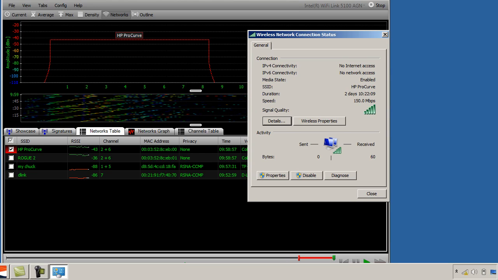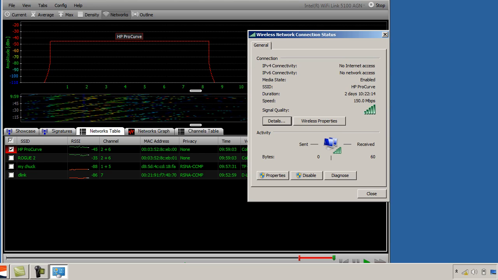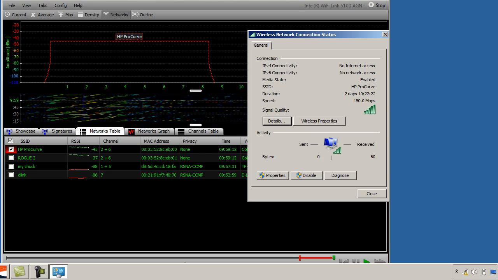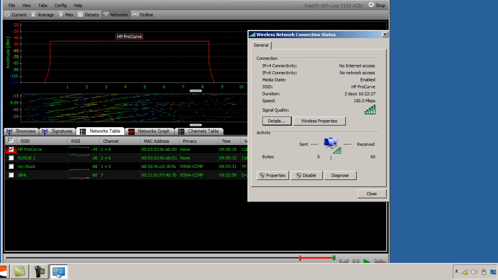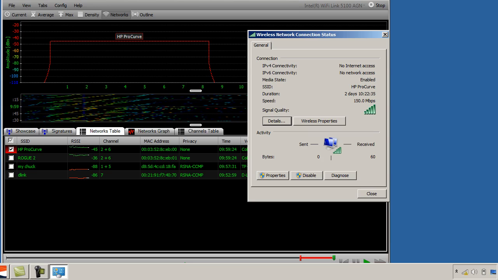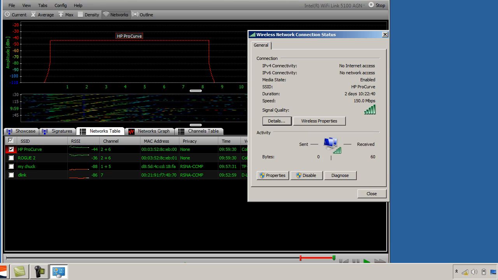So I'm now back at my access point, and you can see that my signal strength has gone back up and I'm back at 150 megabits per second. So what I would do now is literally walk in a different direction away from the access point, doing the same thing, writing down the data rates as I go, and I would do this several times, and once I've done that I can literally put rings around the access point that indicate the areas where I can get specific data rates.